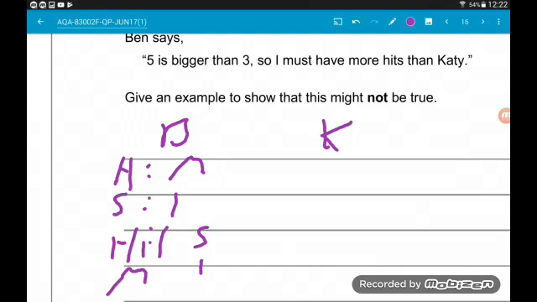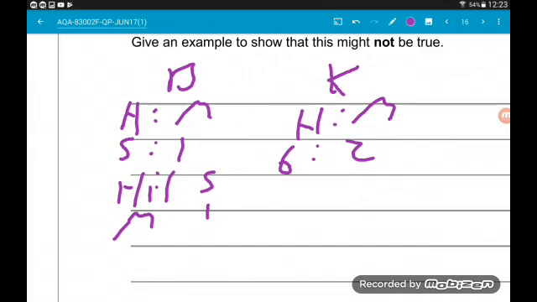So for example, she might have actually hit 6 times and missed 2 times. That ratio does still simplify down to 3-1, but here then she would have 6 hits and 2 misses. So she would actually have hit the target more times than Ben. A smaller proportion, but more times hit. So that's an example to show that Ben might not be right.